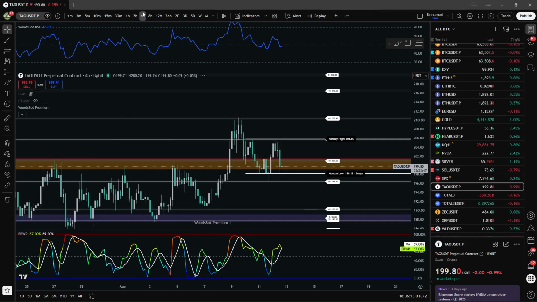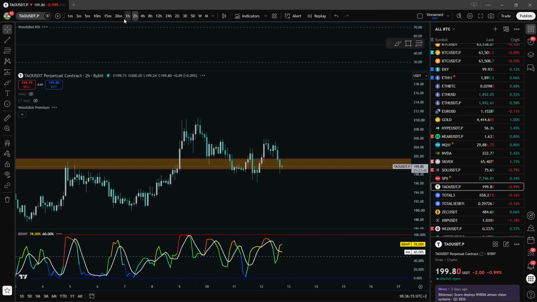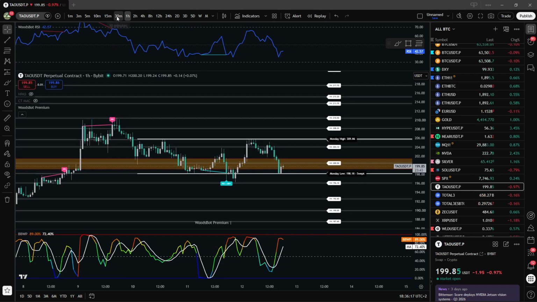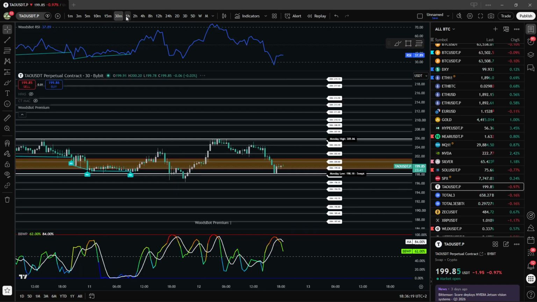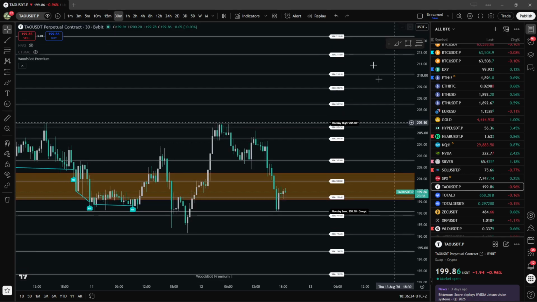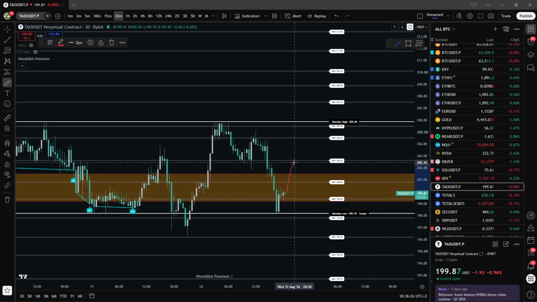Until then, I would wait, because you can also see the volatility is decreasing at the moment. It might bounce here. I definitely think it can bounce here, maybe towards this level right here, where you have the Woodsbot level and the small order block.